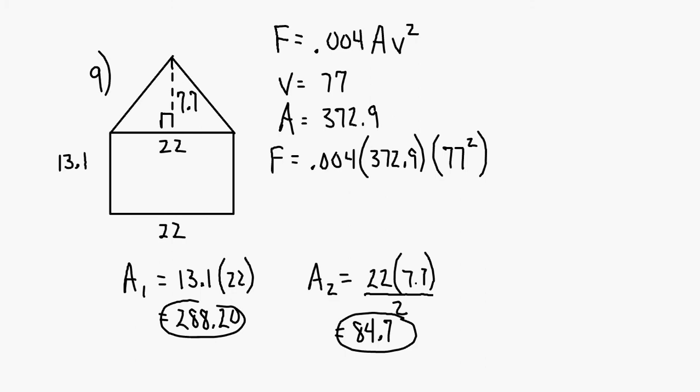So 77 squared times 372.9 times .004. All right, that's 88.4370.